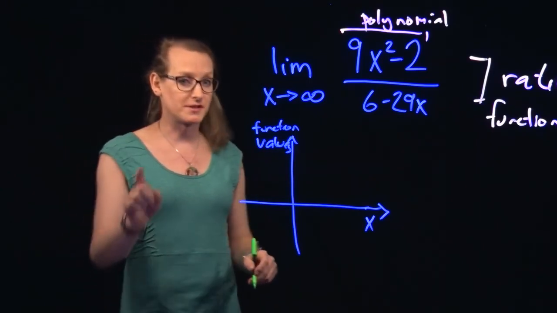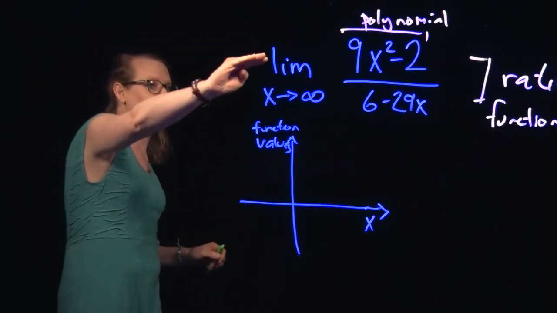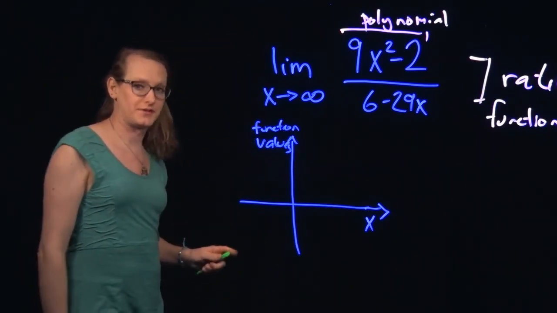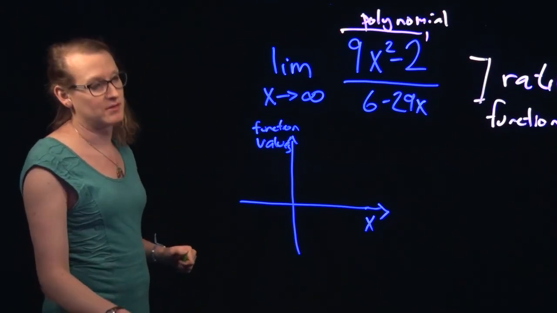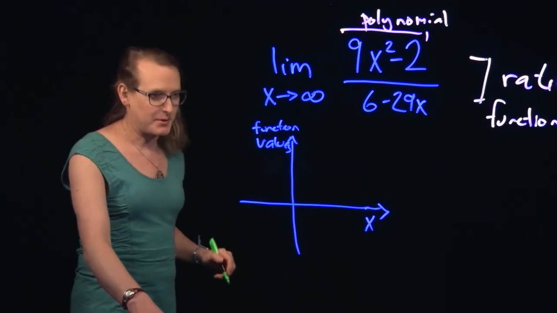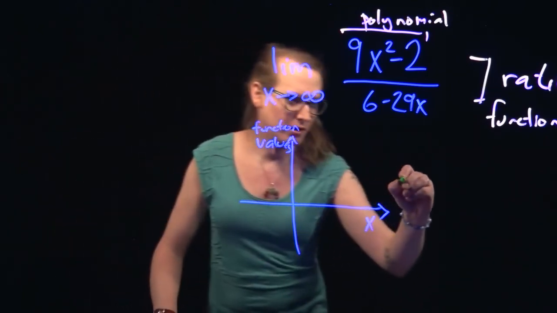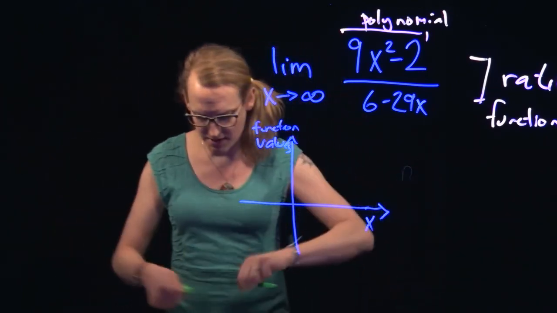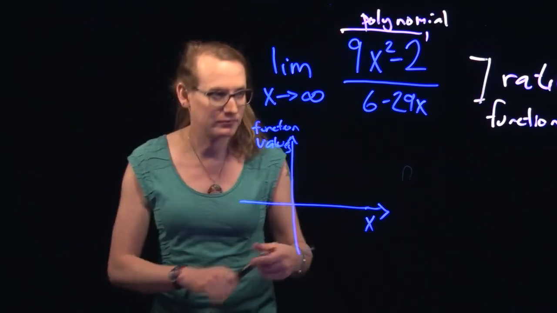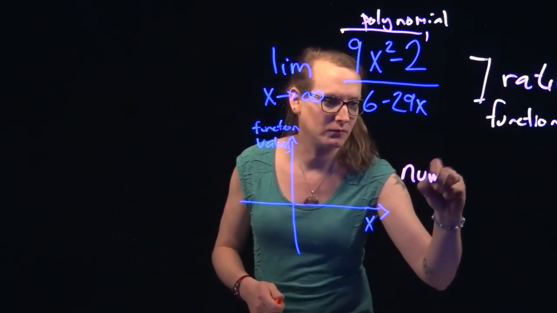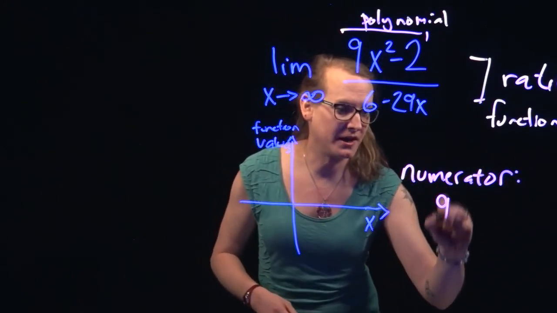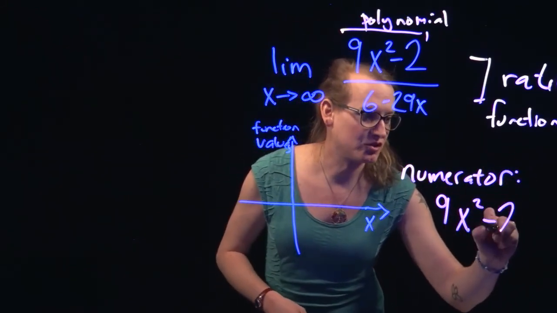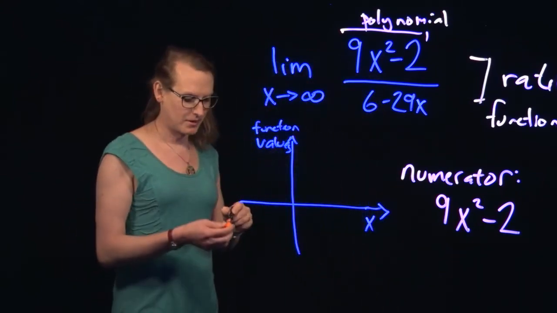Okay, so let's look at the leading terms of the numerator and denominator of this function. Which ones are going to get the biggest as x gets bigger and bigger and bigger? The numerator is 9x squared minus 2. That's the stuff on top.